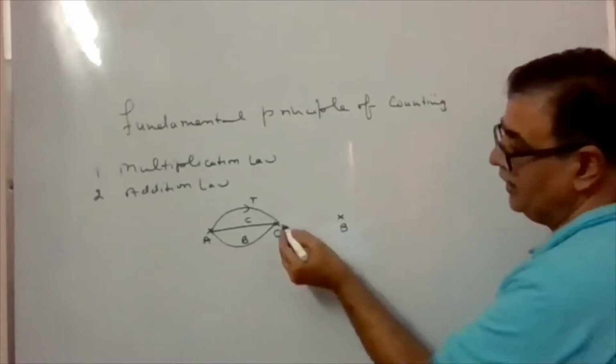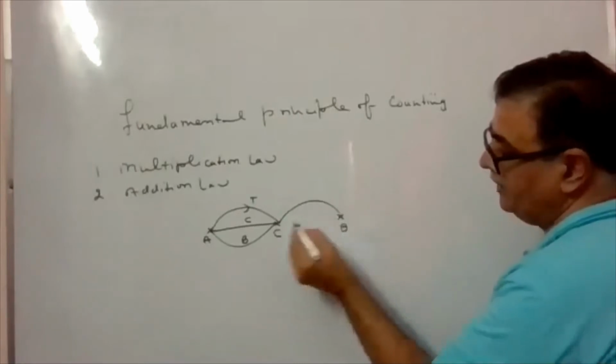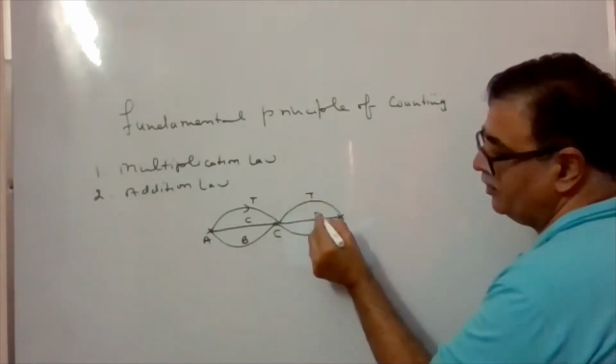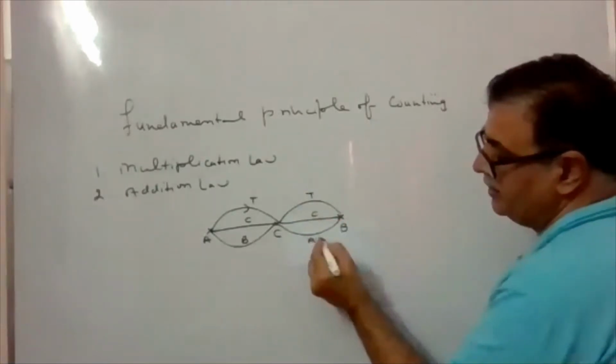Another part also, that is C to B, he can again go by three ways. He can go by train, he can go by car, and he can go by air.